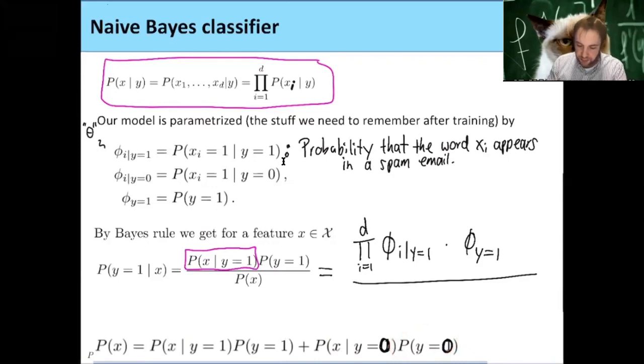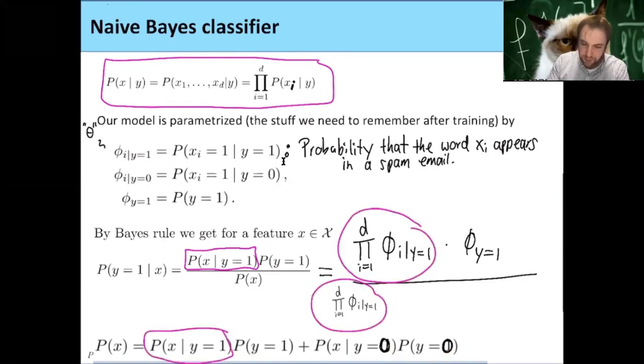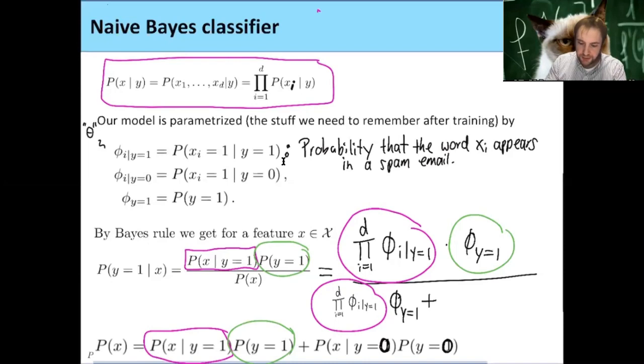So here we can take the same product, because this part is exactly this, and this part here is this. Plus, and now we have the probabilities that a word appears in a non-spam email, and these are given by these numbers here.